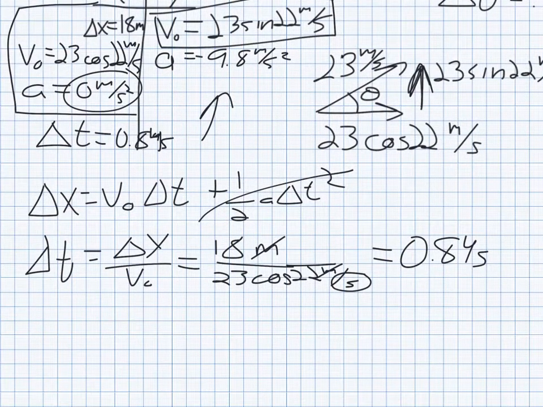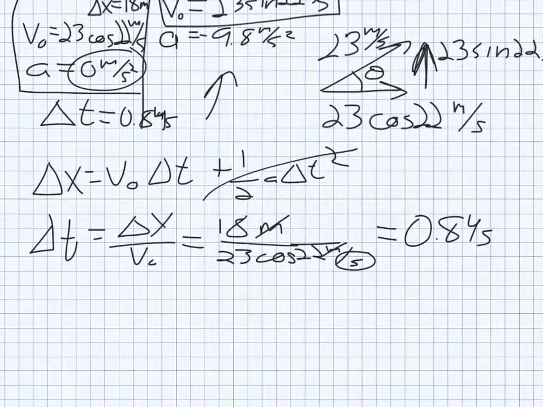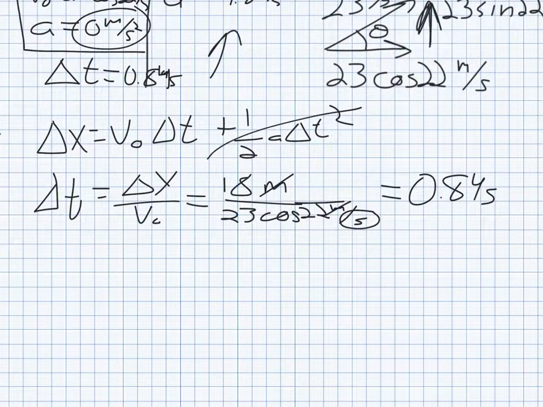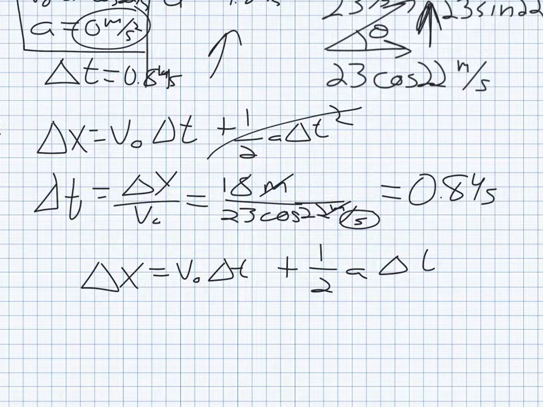So let's put this stuff in. It's the sign. So I'm going to use the same equation, delta x equals v naught delta t plus 1/2 a delta t squared. And I'm solving for delta x, so I don't have to rearrange anything, and I can just plug stuff in.